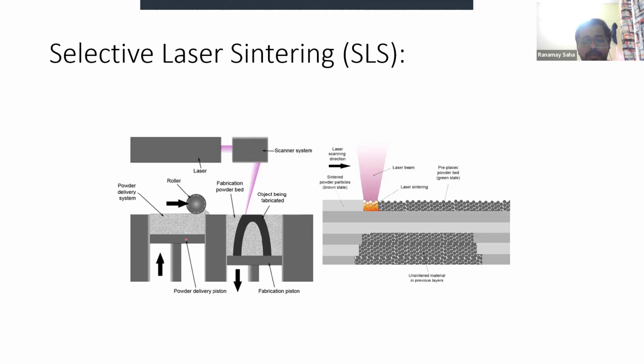Once you scan a particular layer through the laser beam, you lower the powder delivery piston by one unit of thickness, and once that is done, you place the other layer and scan it again to get the second layer done. So this is the way in which selective laser sintering actually works.